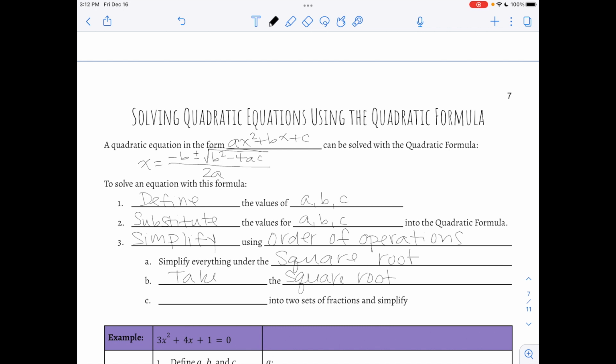If we get something that doesn't come out to a nice number, we want it to 4 decimal places, or if possible, a fraction. Often you will not be able to write it as a fraction though, and that's why we're using the quadratic formula. Finally, you're going to split it into 2 fractions and simplify.